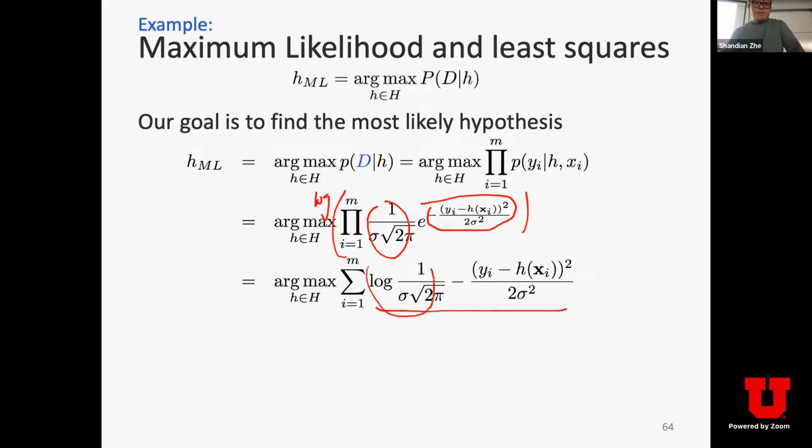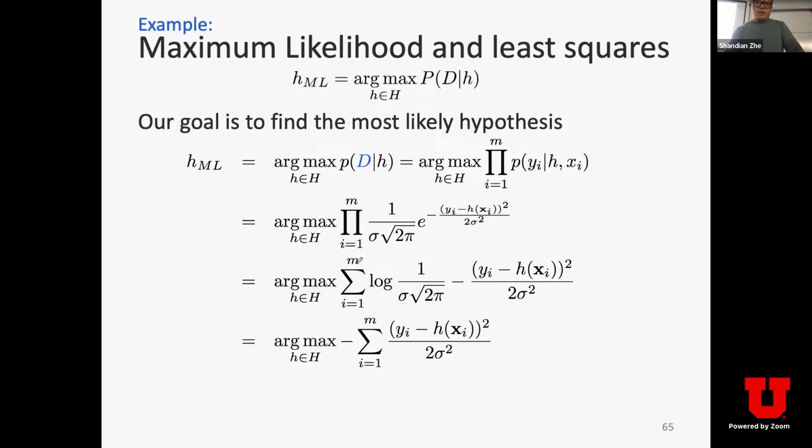Again, the first term is constant with respect to h, so it doesn't affect the maximization procedure. You can just throw it out. Then we maximize the summation of the square error for h divided by 2 sigma square. Although 2 sigma square is unknown, it is constant with respect to h, so we can get rid of it as well.